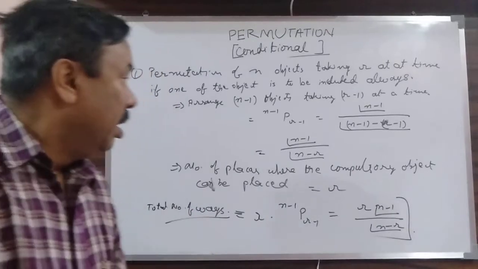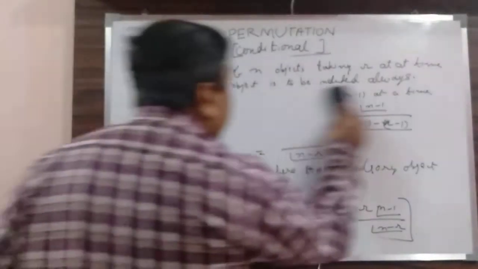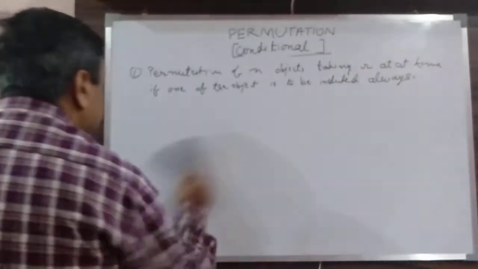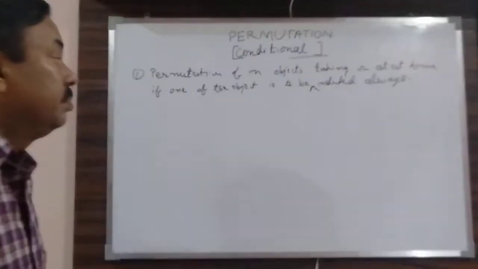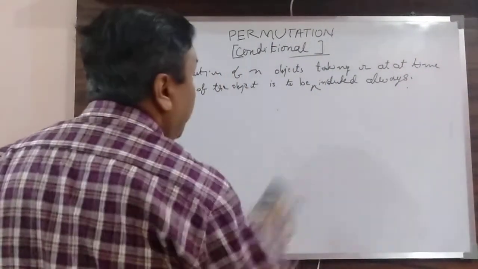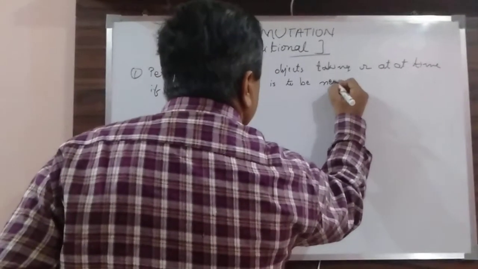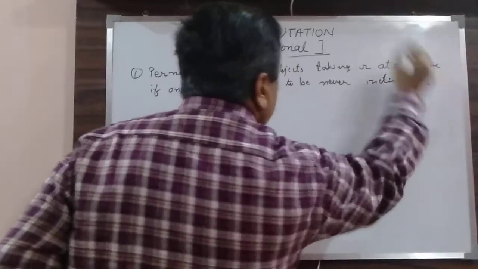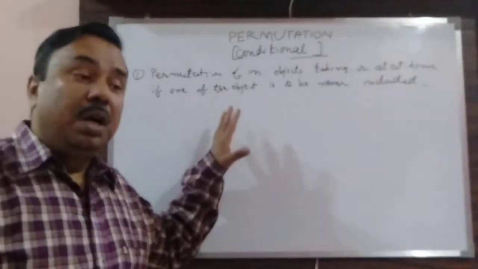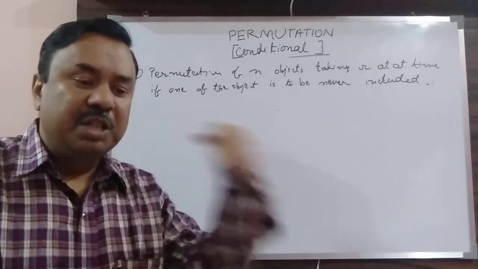If one of the objects is to be never included, instead of saying included always, the condition is that one of the objects is to be never included.